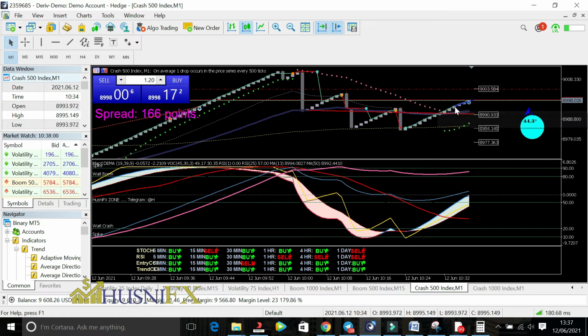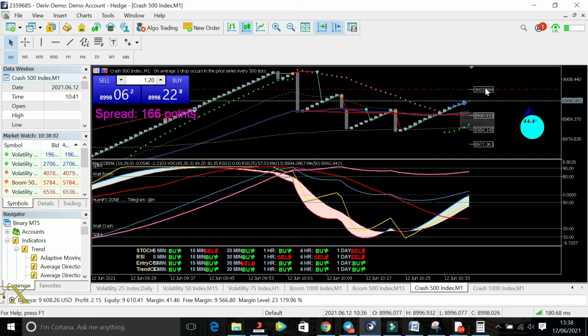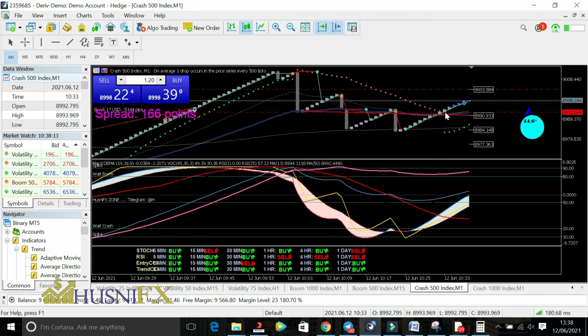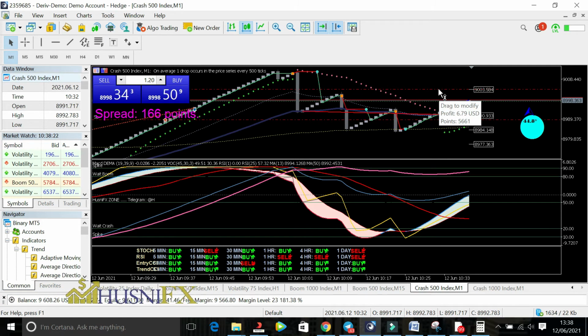So maybe 1 to 3 candles have already gone, and let us go at 7. 7 candles down as it has moved 3. 1, 2, 3, 4, 5, 6, 7. So we place our SL there. So this should be $6.